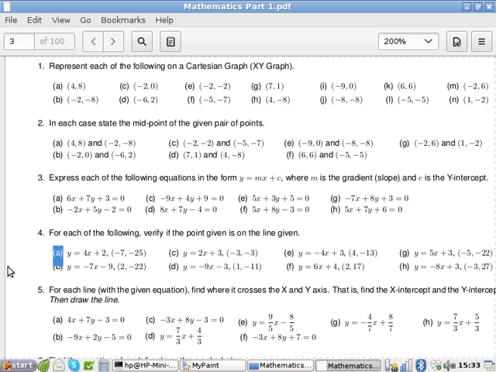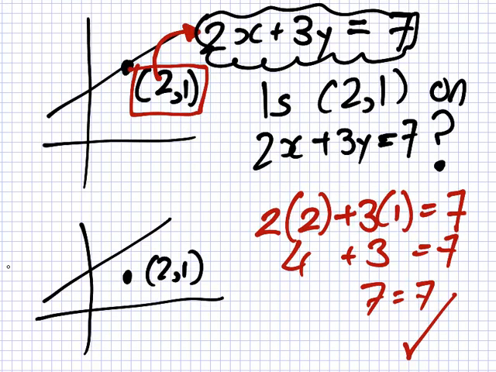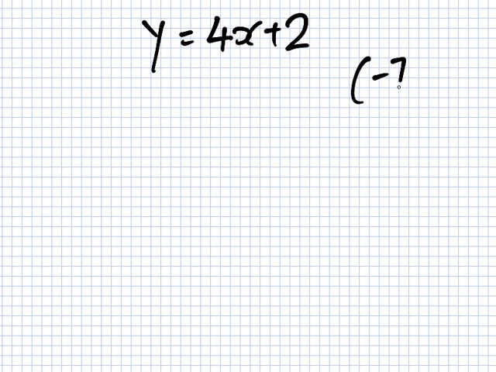What do you think? Yeah, let's have a look. So we have y equals 4x plus 2, and then the point was (minus 7, minus 25).